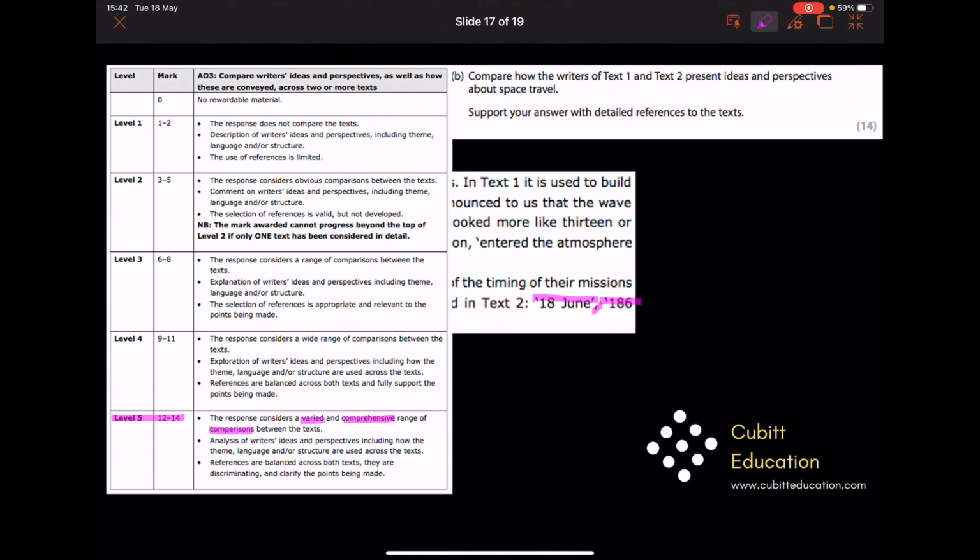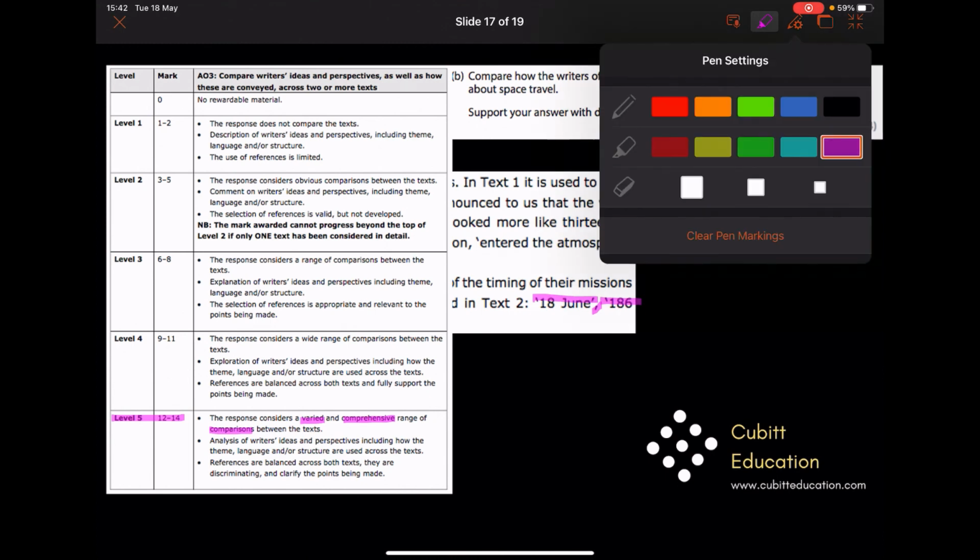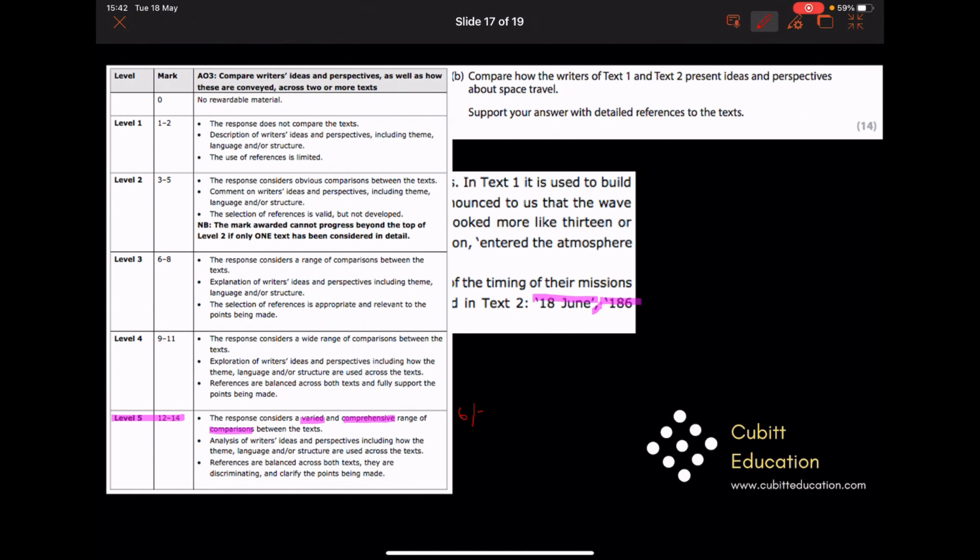So for a start, you've done 6 or 7 sentences with evidence for each one, okay? And you've picked out things that are similar and things that are different about the ideas and perspectives about space travel, okay? And if you picked out those things that were in the mark scheme, then you've done that.